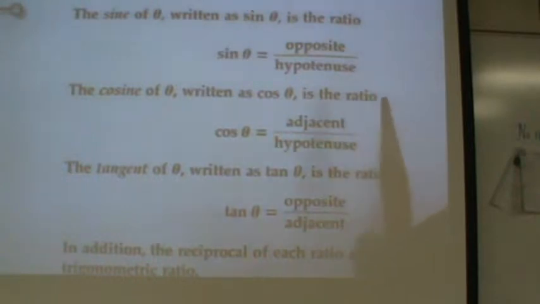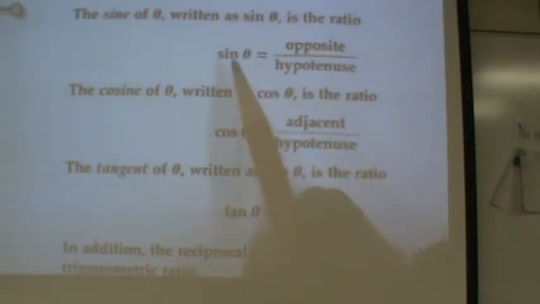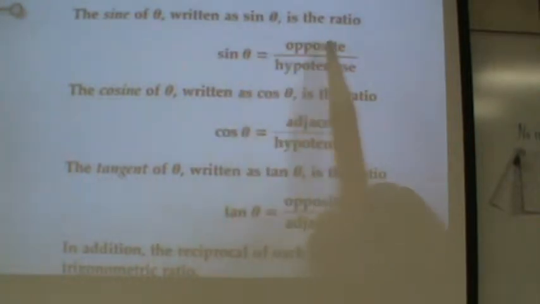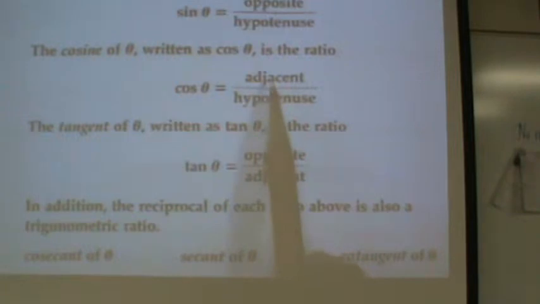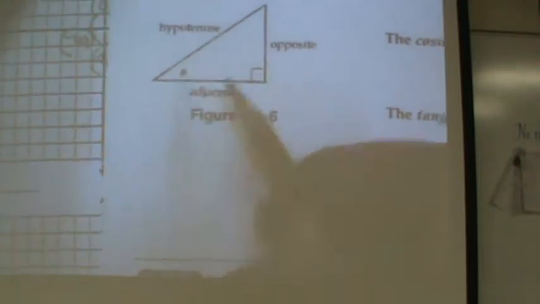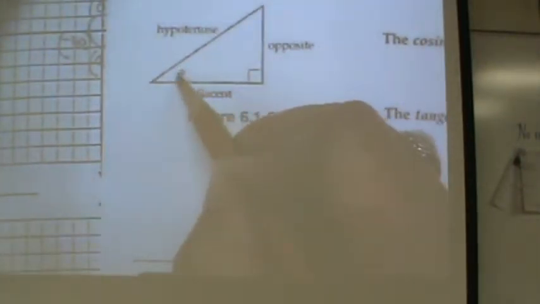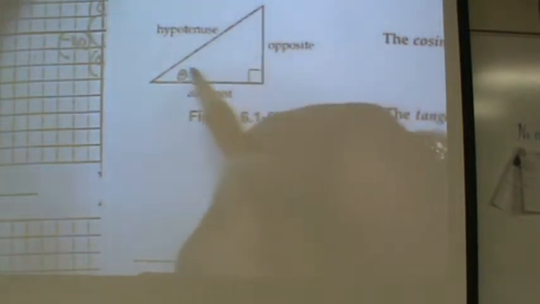It's a comparison of, when you have a right triangle here, the word sine is referring to the side opposite over the hypotenuse. Cosine refers to the side adjacent over hypotenuse, and tangent is opposite over adjacent. Well, what does it mean by opposite and adjacent? If we're talking about this angle right here, the side opposite that angle is this side.